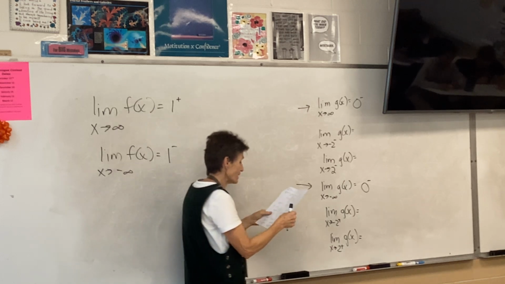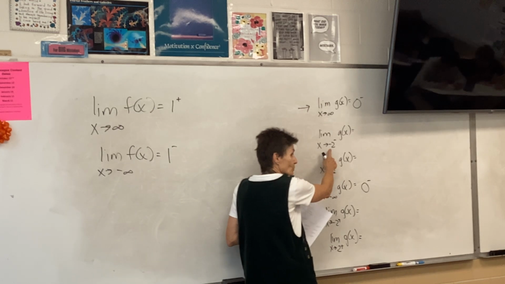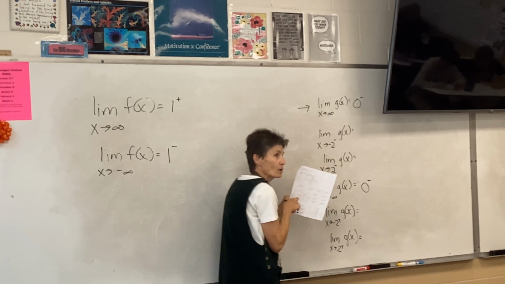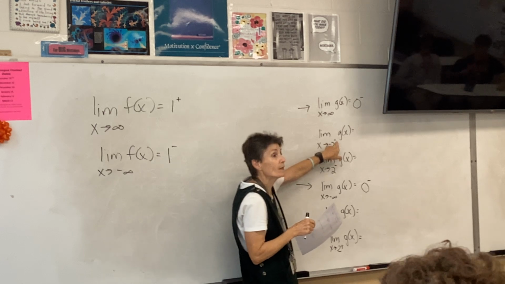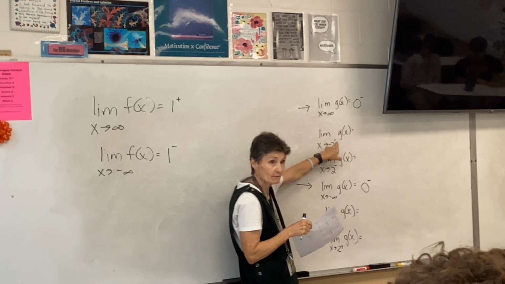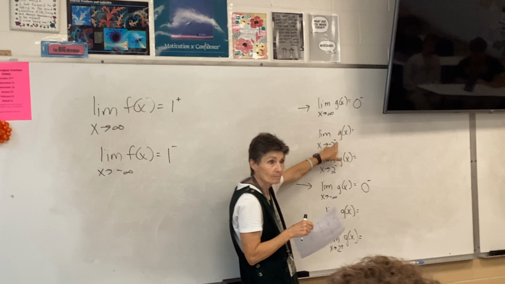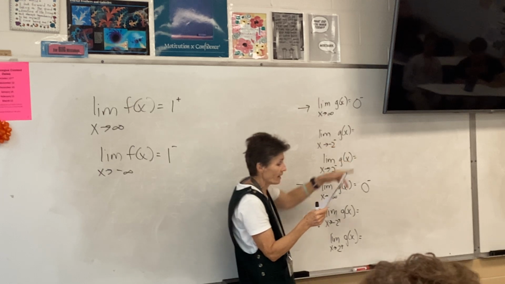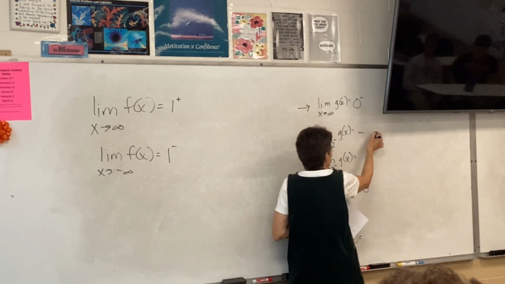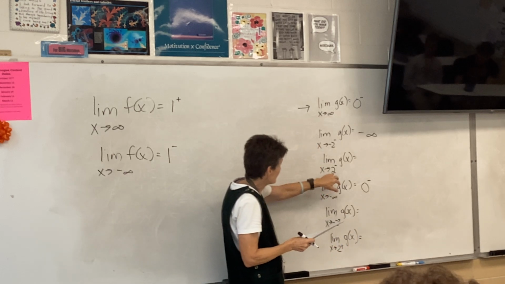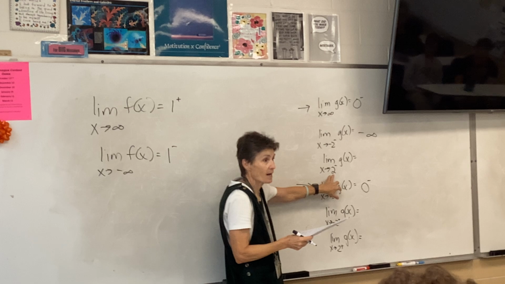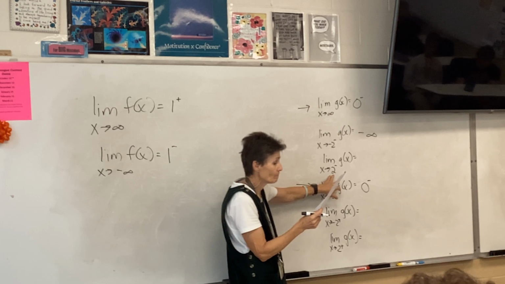Now, what about all the rest of these? Well, -2 is a vertical asymptote. And this says, what do I do on the left side of -2? Negative infinity? And on the, wait, this is the left side of +2.